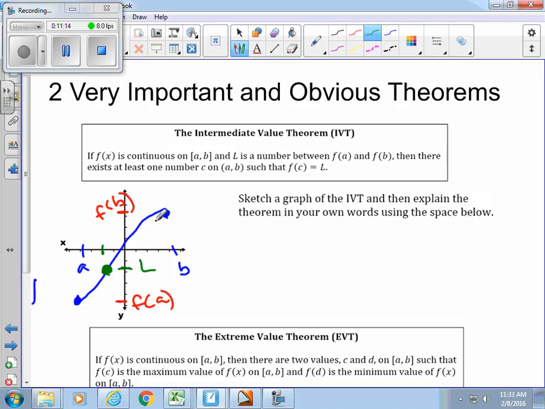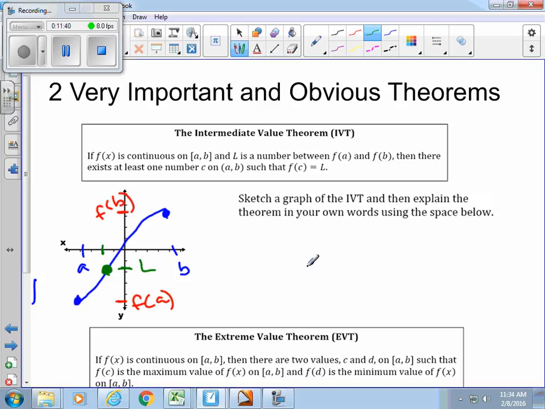If L is between f of A and f of B, then at some point between A and B, I'm going to have to hit that L. Not yet, but that's just what the intermediate value theorem says.